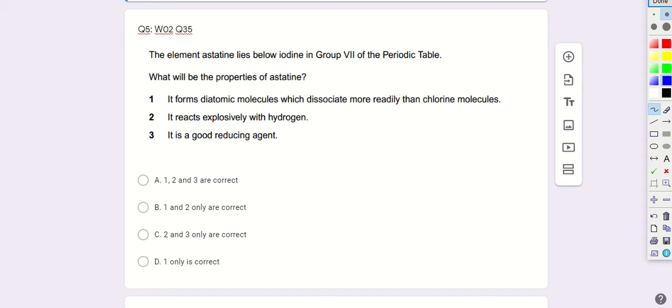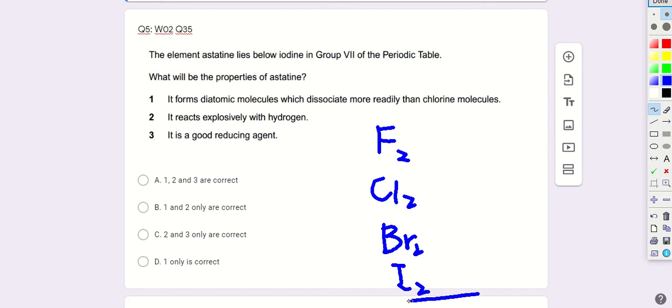Now, number 1, astatine forms diatomic molecules which dissociate more readily than chlorine molecules. So group 17, we have fluorine, chlorine, bromine, iodine. Now, astatine is here, below iodine. If a diatomic molecule can dissociate very easily, it means the bond between the two atoms is very, very weak.